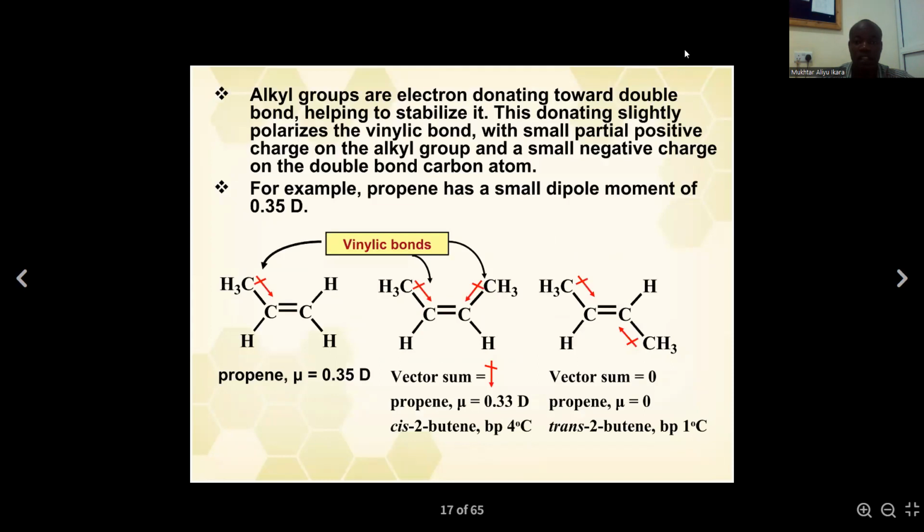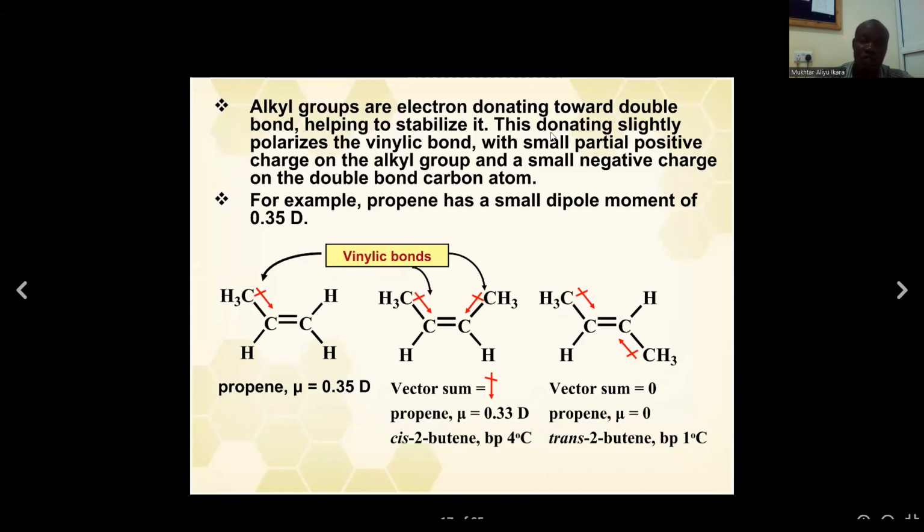And then the next thing is that alkyl groups are electron donating toward the double bond, helping to stabilize it. So this donation slightly polarizes the vinylic bond, with a small partial positive charge on the alkyl group and a small negative charge on the double bond carbon atom.